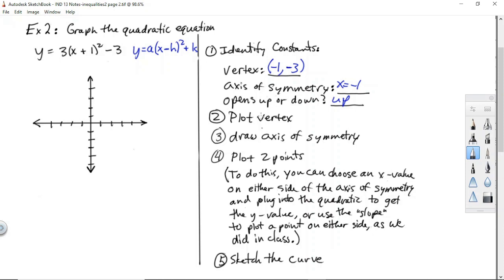So, I actually skipped plotting the vertex. Or did I erase it? I don't think I plotted it. -1, -3, right here. And then draw the axis of symmetry, and then we'll be ready to plot those points.